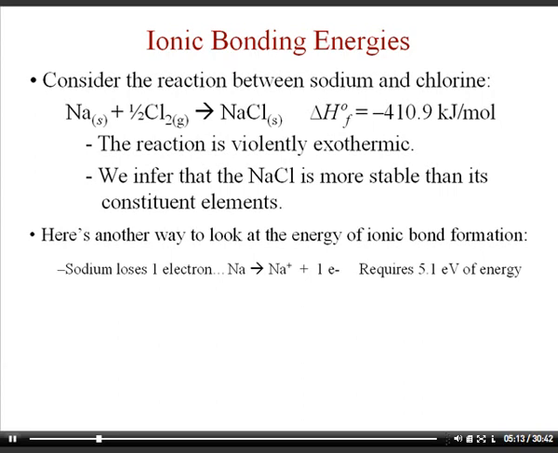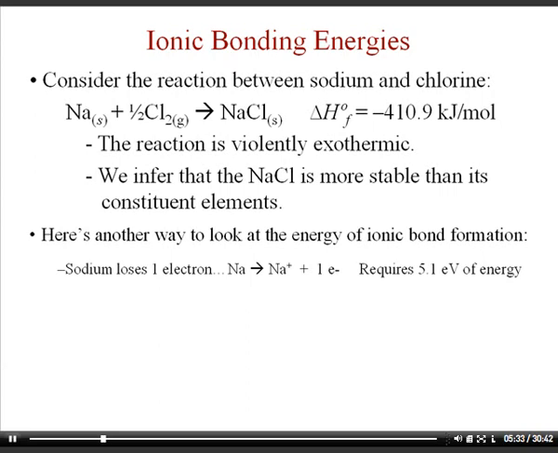This reaction occurs in several steps. The first thing that has to happen is that the element sodium has to lose an electron, so you hit it with energy. That's the ionization energy, and the unit for this particular ionization energy is an electron volt, and I'll show you the conversion from an electron volt to a regular old joule later on.